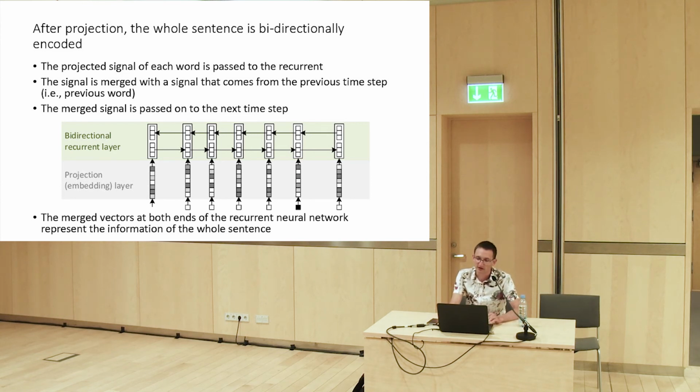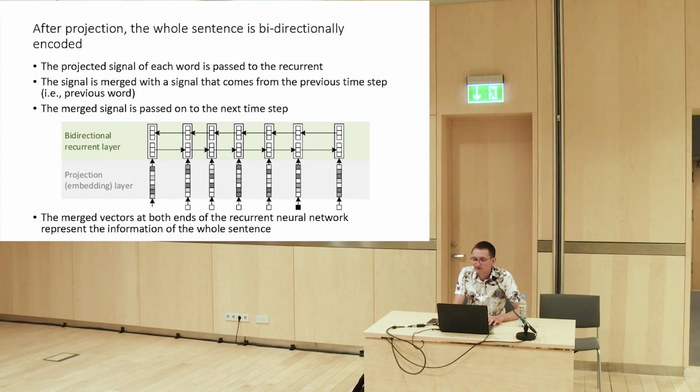So in the second position, we have the signal that comes from the first word, the signal that comes from the current word's embedding, and we have the accumulated signal from all the further or next words in the sentence. So this is a recurrent layer.